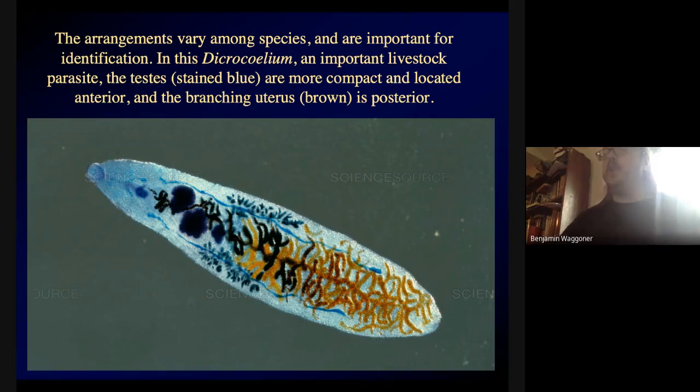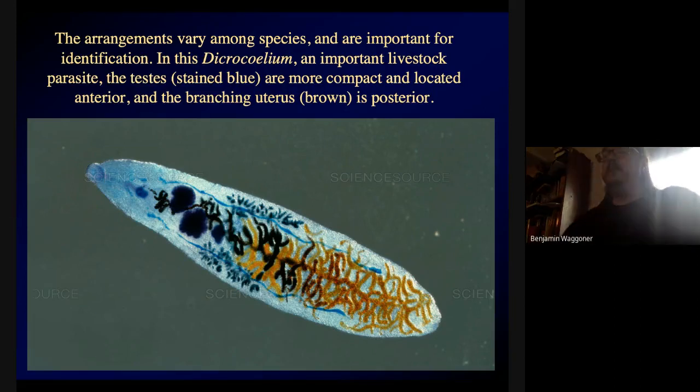Those very dark blue things that are kind of wispy looking. But yeah, this is just to show that arrangement of gonads differs depending on what species you've got. Learning how to recognize them is important if you ever have to identify species, as some of you might.